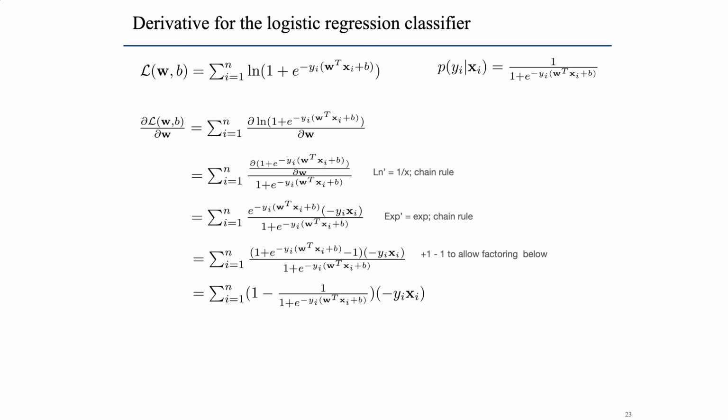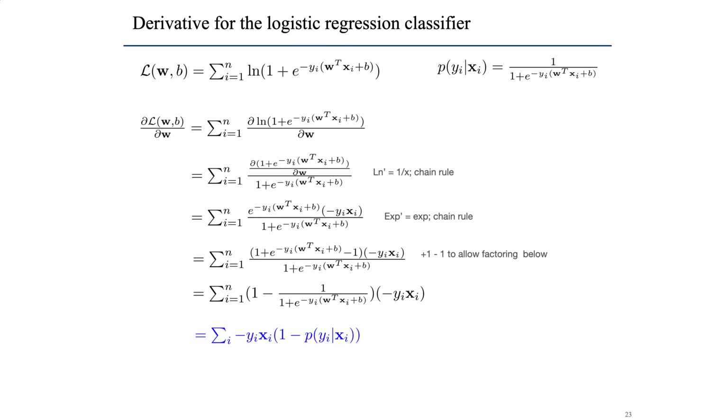So when we do that, 1 over 1 becomes 1, and the e minus 1, we can make that into 1. And now we have 1 over 1 plus e to the minus y (wx plus b), and over here, the minus y xi term. Okay, things are looking a little bit simpler.